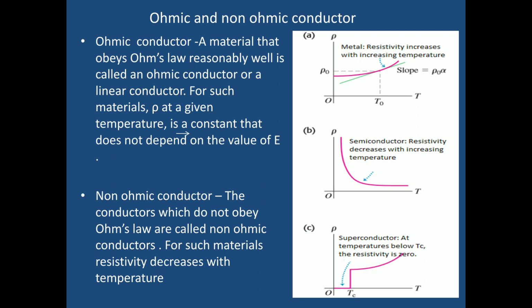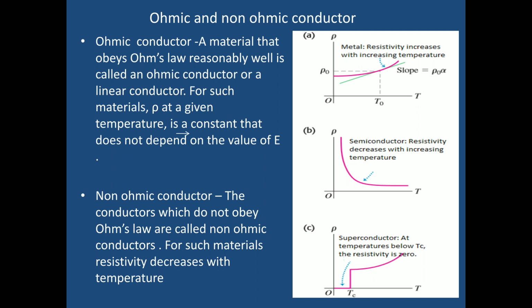In this case, if you plot a graph between resistivity and temperature, the resistivity increases with temperature. For such material, rho at a given temperature is constant and it does not depend upon electric field. But if the temperature increases, its resistivity increases. Such types of conductors are called ohmic conductors.